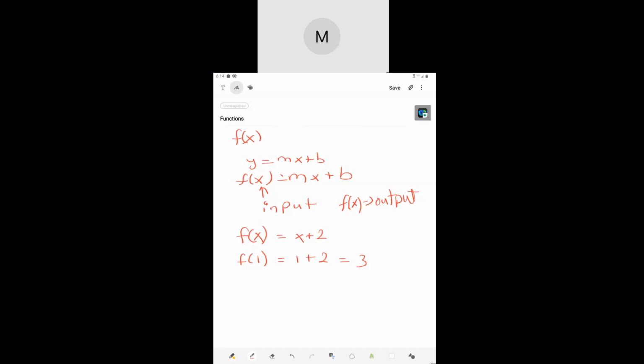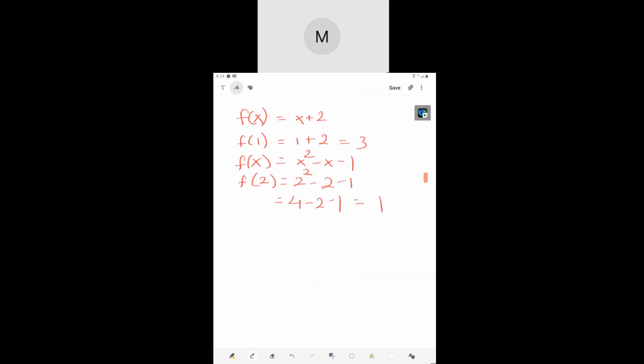So if I substitute x for 1, every x on the right side of the equation gets replaced by 1. If I had something like f of x equals x squared minus x minus 1, and I wanted to find, let's say, f of 2, then that would become 2 squared minus 2 minus 1, or 4 minus 2 minus 1, which is just 2 minus 1, or 1. So that's the very basics of function.